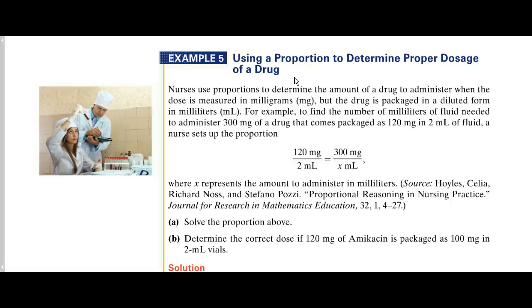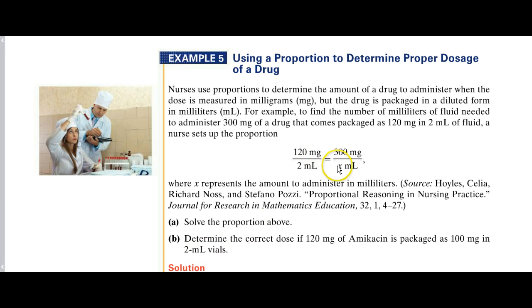Well, how do they do this? Well, it's proportion. They figured out for so much of this, for so much how much, and then you're just going to cross multiply here to figure this one out first for letter A, and then what would be the correct dose if it's 120 and it's packages of 100 milligrams in 2 milliliter vials.